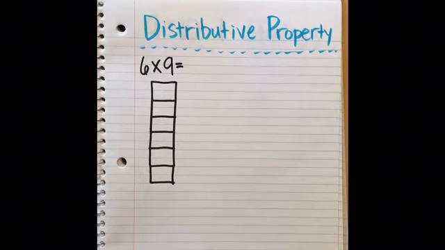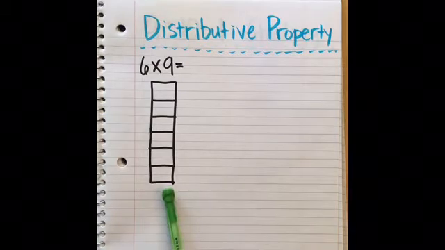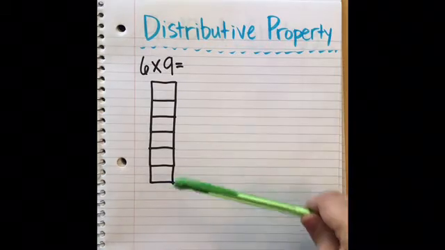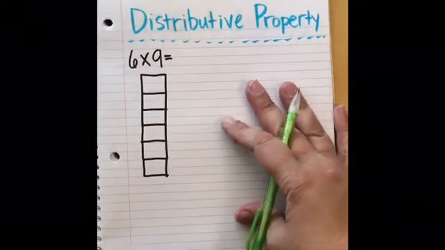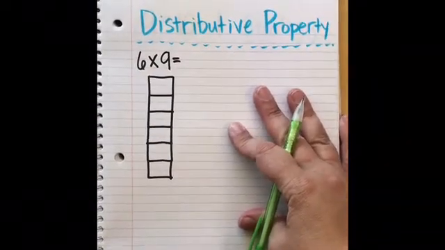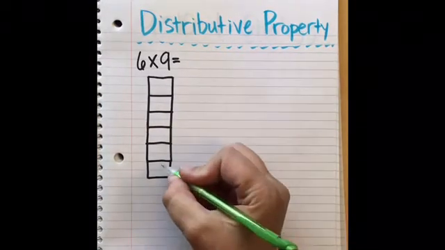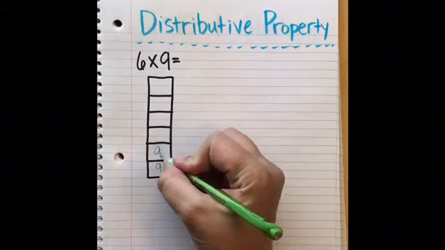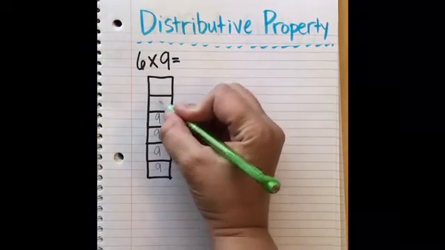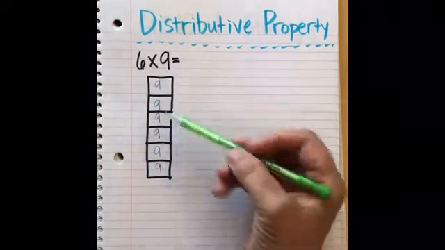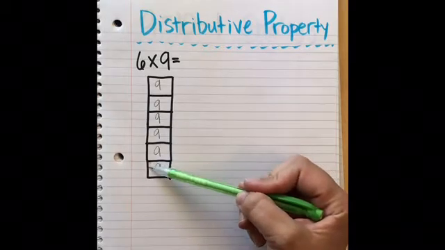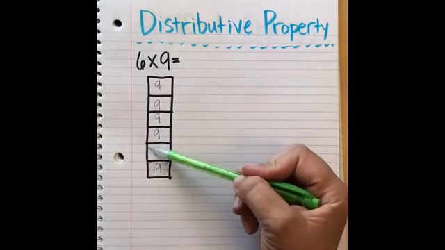So on your notes, I want you guys to go ahead and draw the 6 times 9 equals. And on your blocks, it's a sideways tape diagram. On your blocks here, like what we did in class when we put the blocks together, I want you guys to write 9. So each has a value of 9. And then I want you to shade in 5 of the 9 from the bottom.